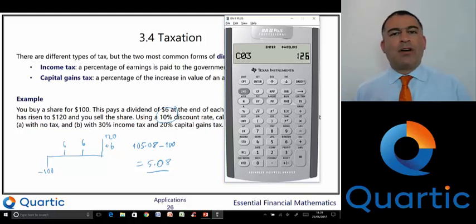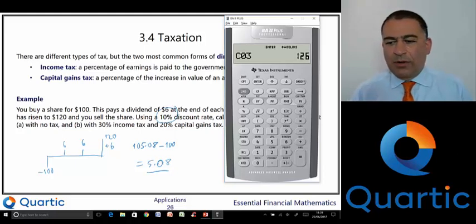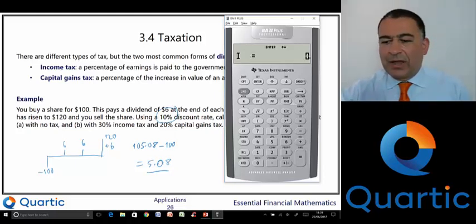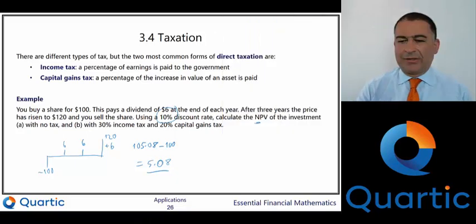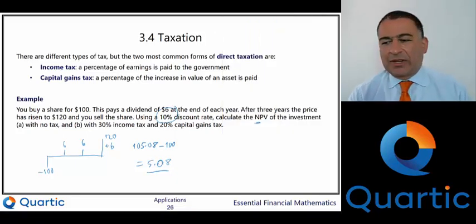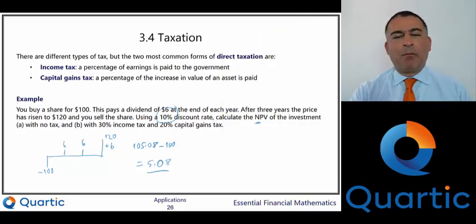So you've got your final 6 dividend and your 120 sales price, enter. Press NPV, we're using 10%, enter. Scroll down, compute, and there's your 5.08. So using a 10% discount rate, that's the net present value without tax.